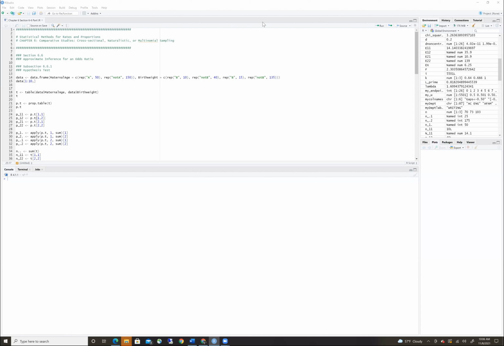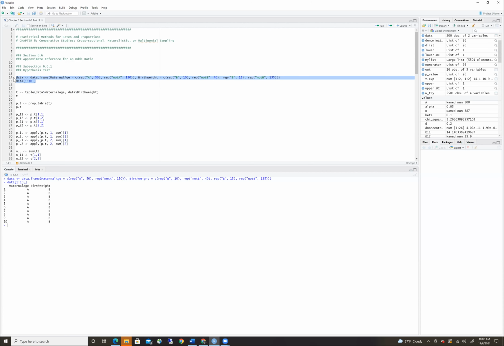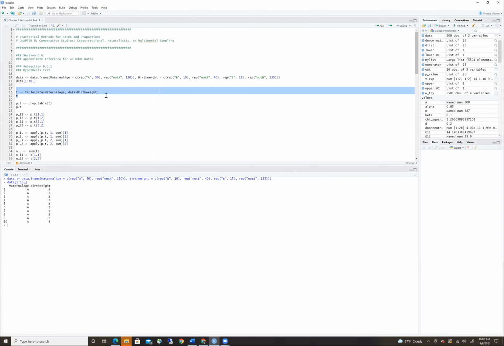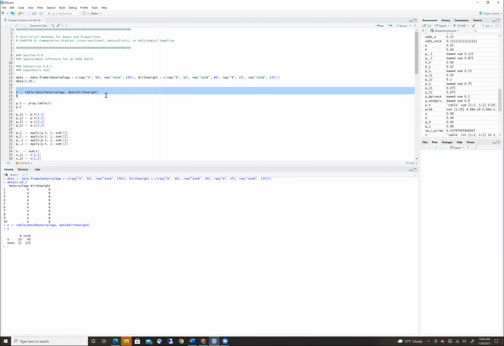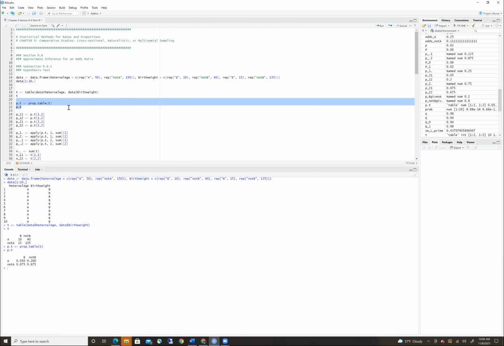So we're going to be working with the same data set about maternal age and the birth weight of the women's babies. We set up our data set and we can look at the joint frequency table. From there, we can get the joint proportions tables and we can get the joint proportions.